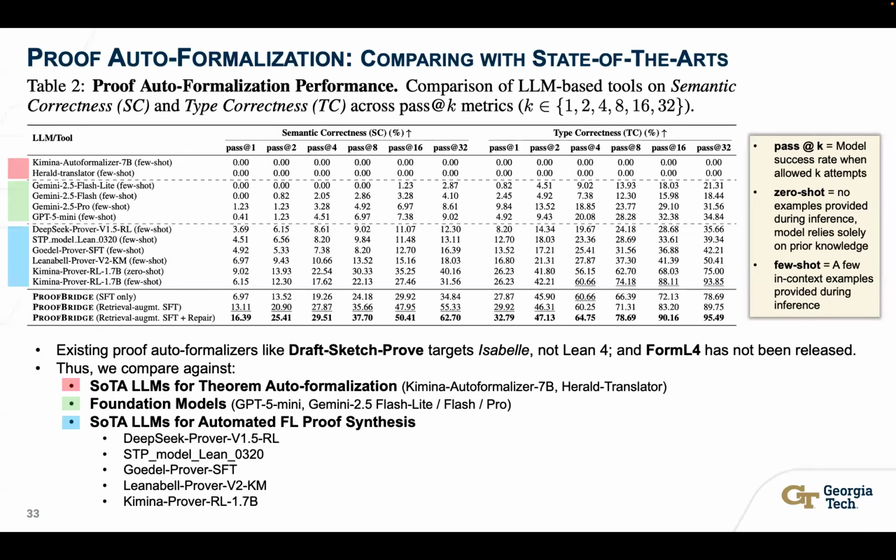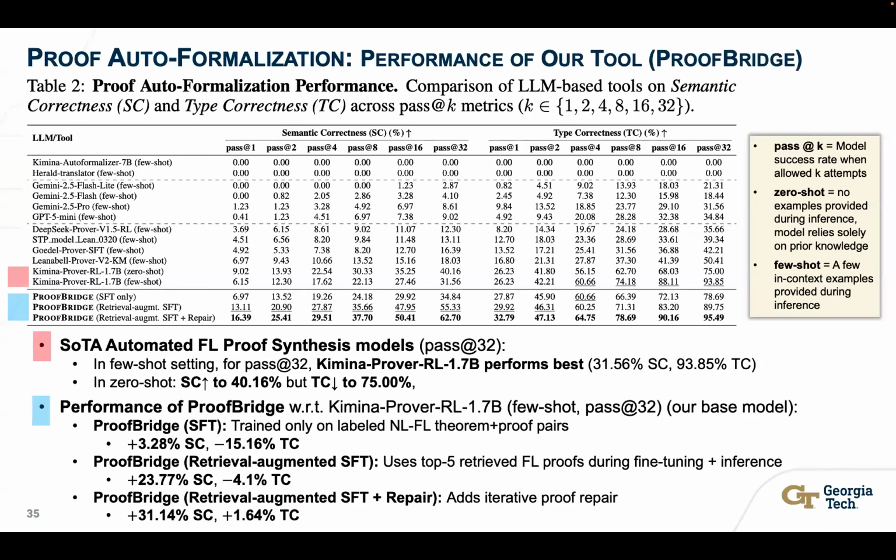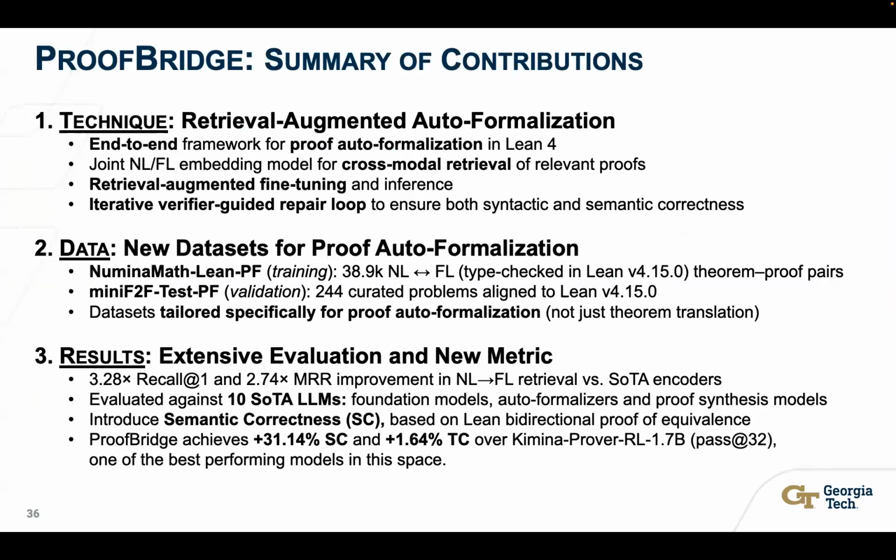Allow me to quickly summarize. The key technique here is the construction of this joint embedding model that allows us to do retrieval augmented auto formalization by providing few-shot examples, along with an iterative verifier-guided repair loop done at inference time. We also provide these data sets: Numina Math Lean PF and Mini F2F Test PF. Again, the problems are mostly high school level, but over time we want to graduate towards research level.